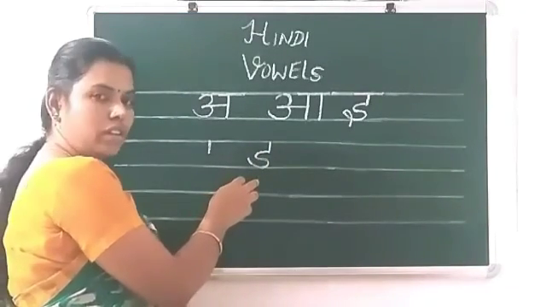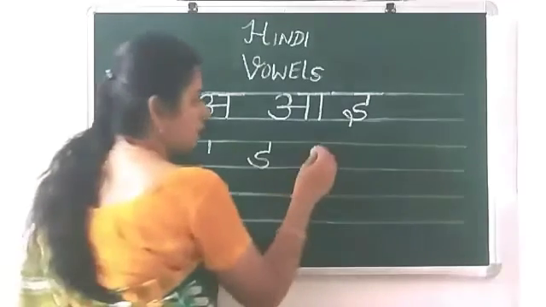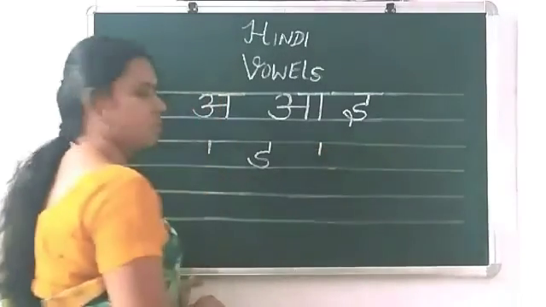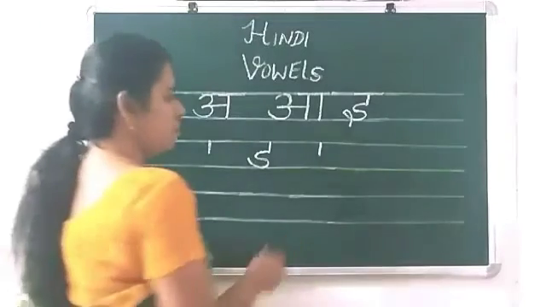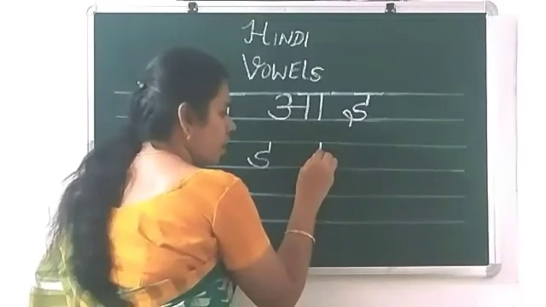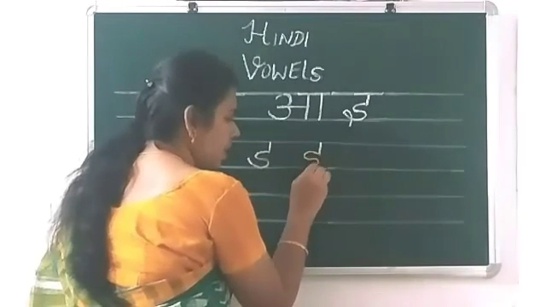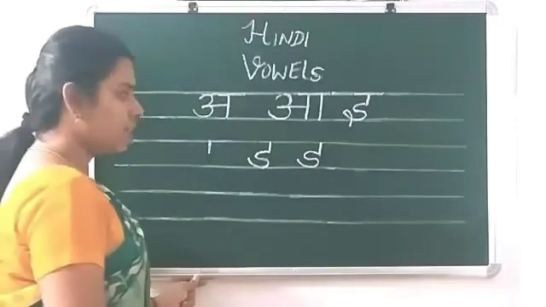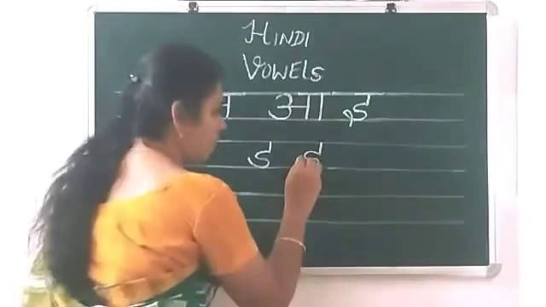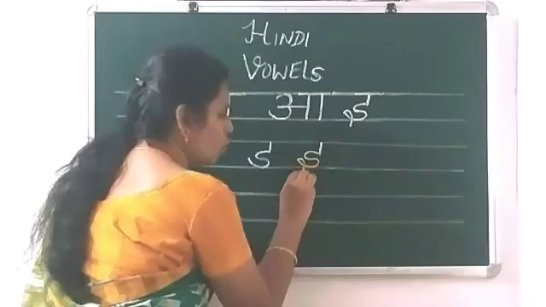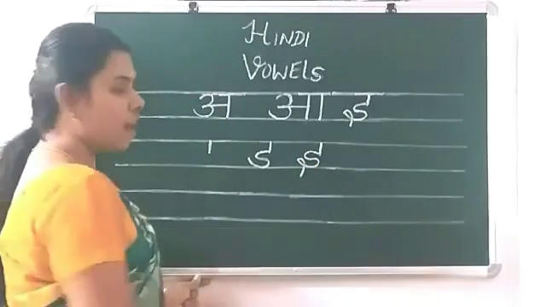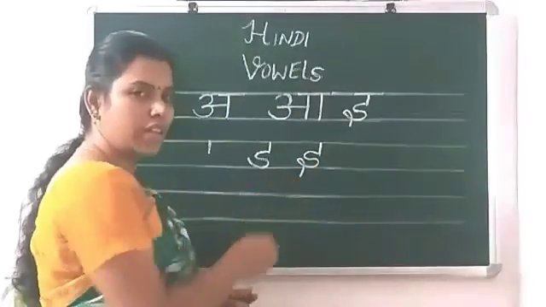Shall we go to the next step? Okay. Children, first you draw a small standing line. And second step, connected to that, write the English letter S. And third step, at the end finish with the short loop.